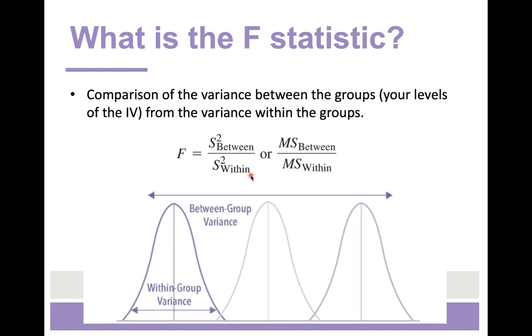Now we can visualize the difference between our variances with this figure down here at the bottom. So again, I want us to imagine that we have on the left here the distribution of the 0 milligram group, right?